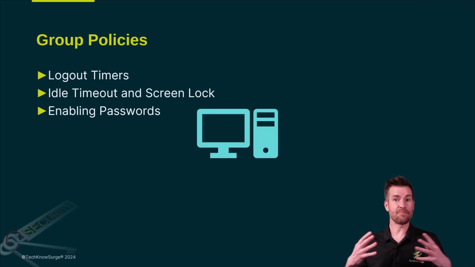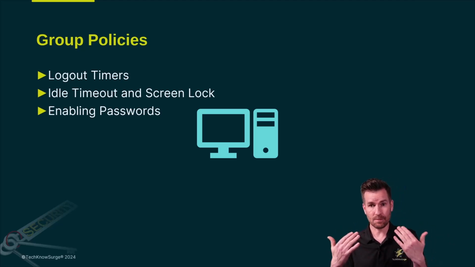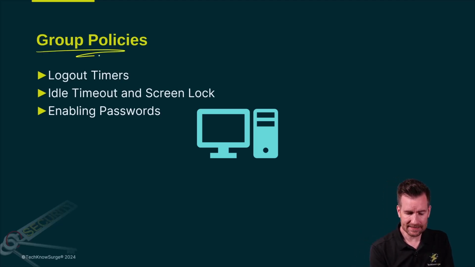Your computer has a bunch of policies on it, policies that help manage security around it. And the thing is, if you want to implement good security organization-wide and make sure it's implemented consistently, then you're going to need some sort of mechanism to do that. Group policies do that.